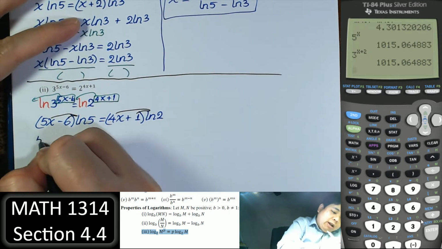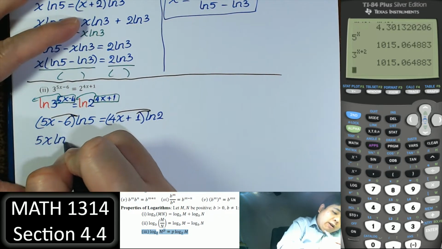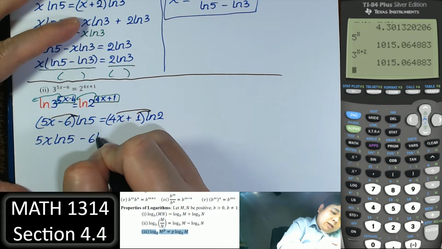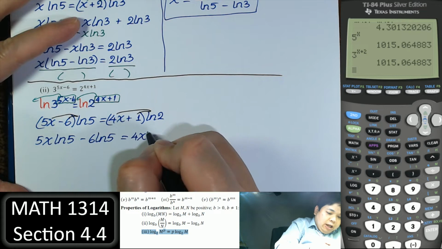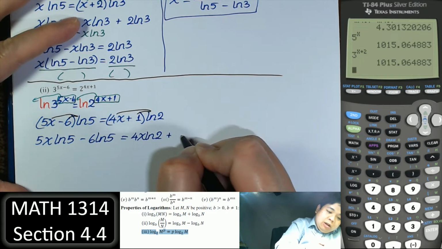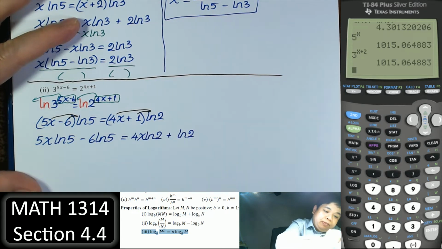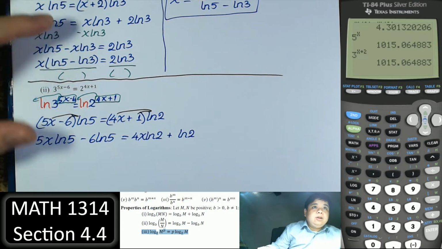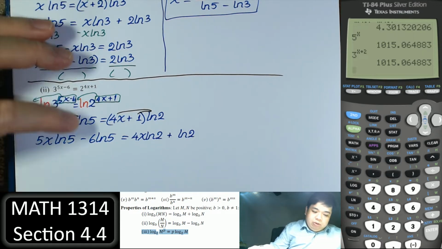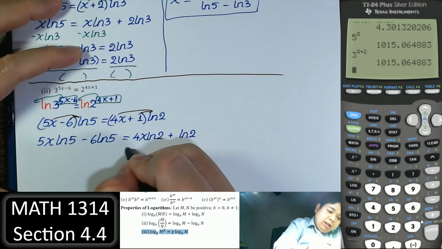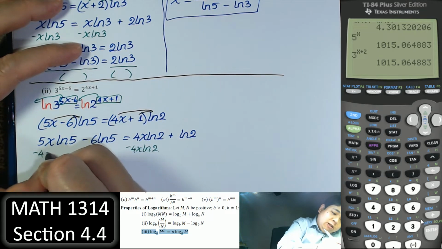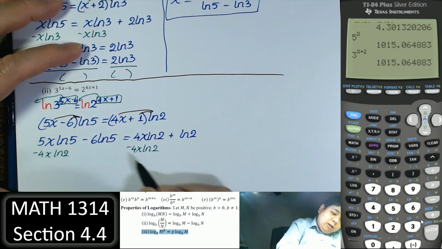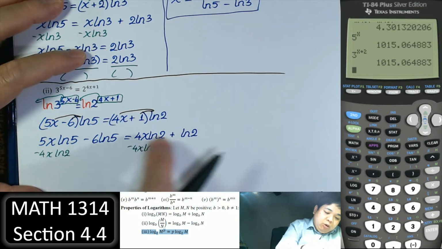So we have 5x ln of 5 minus 6 ln of 5 equal to 4x ln of 2 plus ln of 2. Right, now we subtract. So we have x on one side and move that to the other side.